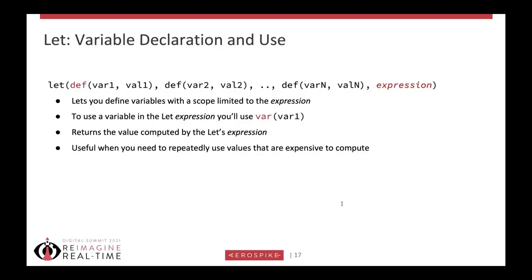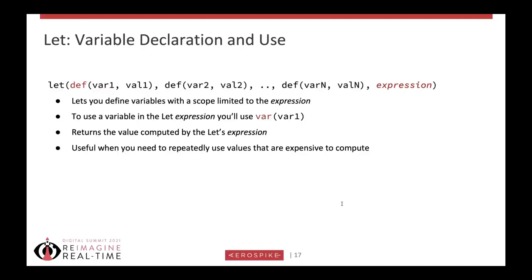Now let's stop for a second and talk about the let construct, which is what we use to do variable declaration and use. Again, if you're familiar with any Lisp variant, Clojure, etc., this exists there. So you can define any number of variables that you want to use. They're all going to be pairs of variable name and variable value.